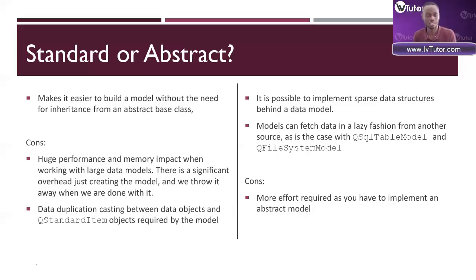So if your application is about managing students or a library of books and you want to use a QStandardItemModel, you are going to need to copy information between the QStandardItem and your objects, which results in data duplication. And also there's a bit of overhead when instantiating the model, setting up the headers and creating the model.